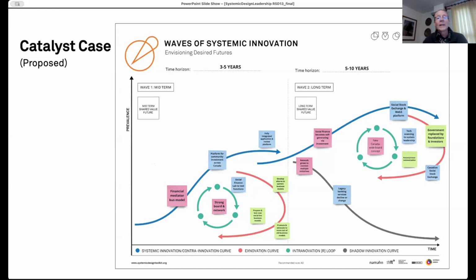Then in the intranovation, that's the internal development cycle. So there needs to be a strong board and a network and a social finance lab to test out the functions and how business models are being responded to, et cetera.